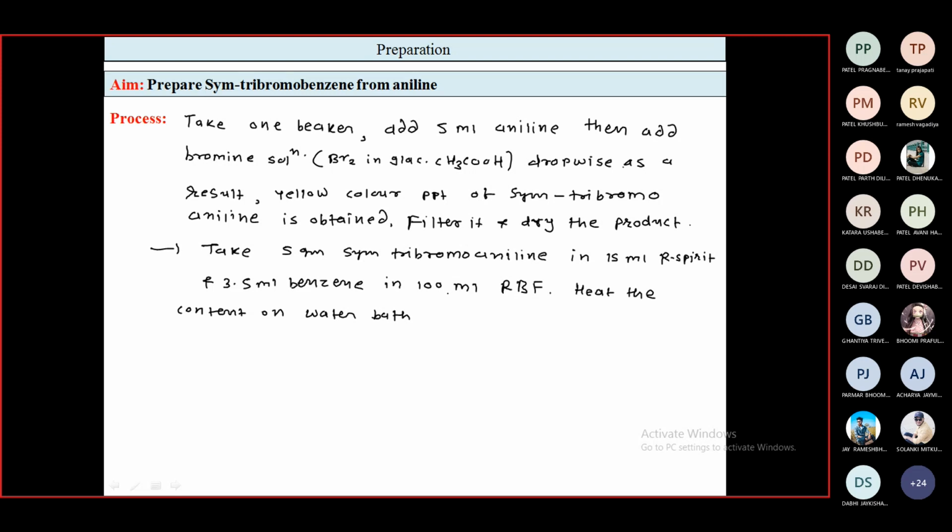Add, either from a burette or from a pipette, 1.8 ml concentrated H2SO4 to the hot reaction mixture in the water bath.